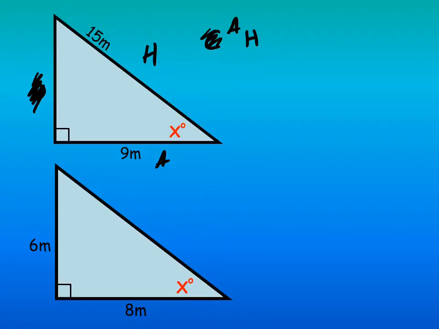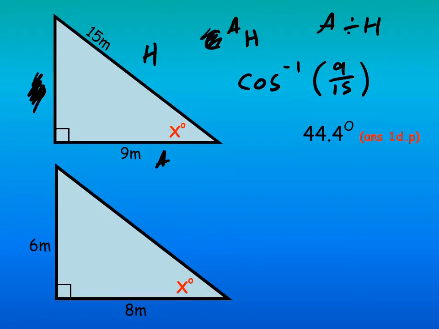That leaves us with A divided by H. So if we put it straight into our calculator, shift cos, so cos to the -1, bracket, and then straight into your calculator put 9 divided by 15. This will give you the answer straight away, and it will make sure your answer is the most accurate. This will give you 44.4.